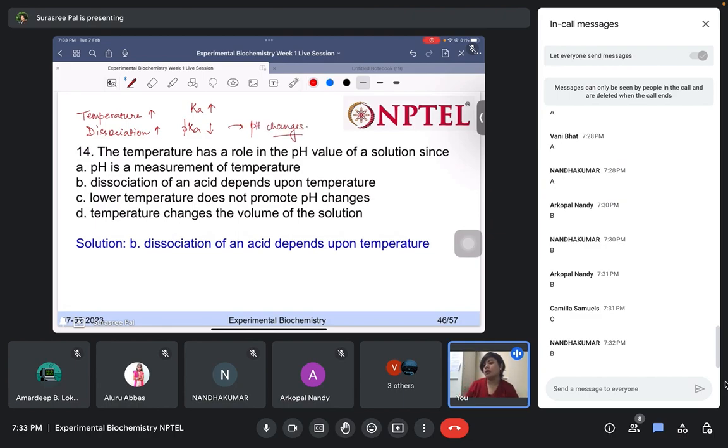So therefore dissociation of the acid depends upon temperature, which is why we have a temperature meter, a thermometer, also in the pH meter, so that it can regulate the pH of the solution with respect to the temperature of the solution, right?